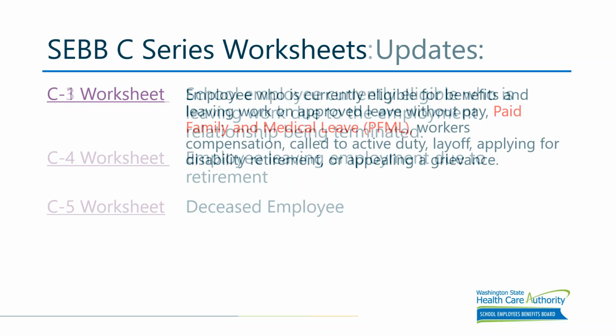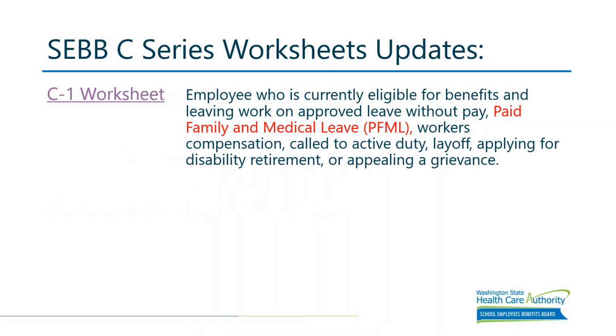And let's talk a little bit about updates. So I told you, don't save the Excel files on your computer. And why is that? They get updated frequently. One of the things that we have submitted right now to our rules team to review and approve updated C series worksheets is to include, as I have on the screen here, you're going to see in bright red, paid family and medical leave.